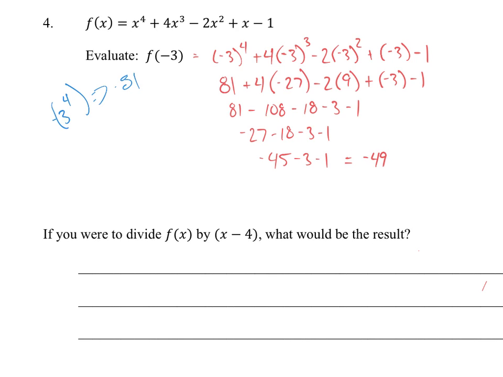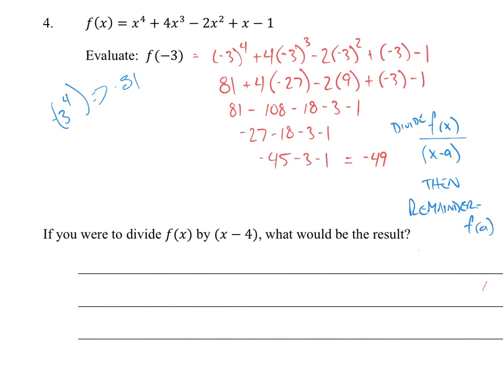What does that mean for us? Why is that -49 useful? Well, remember that our remainder theorem says that for some f of x, if we divide f of x by x minus a, then the remainder equals f of a.